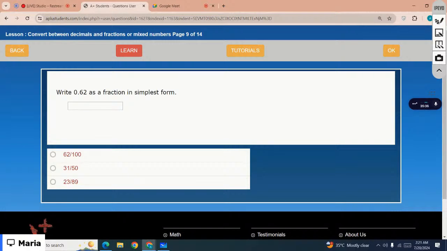Right, 0.62 as a fraction in simplest form. So which is the correct option?